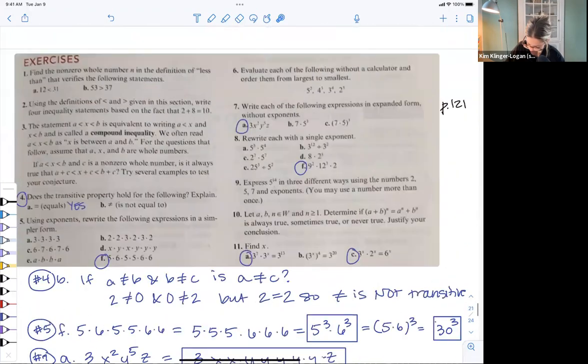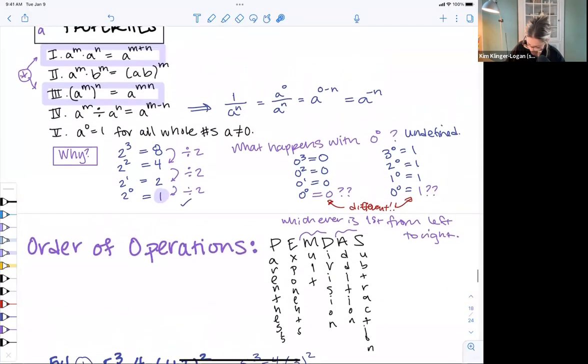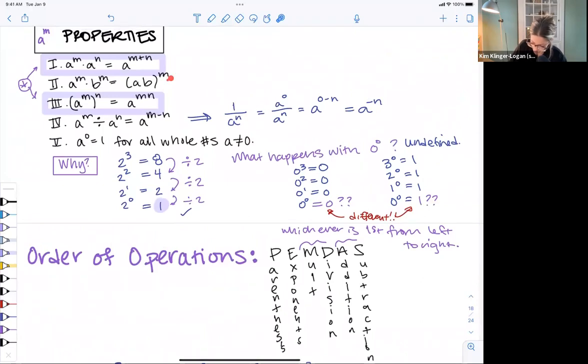In fact, that's really what this rule says, if we use rule 2 kind of backwards, it says if I have some product raised to a power, it's really a to the m times b to the m. So I can distribute exponents only over multiplication.